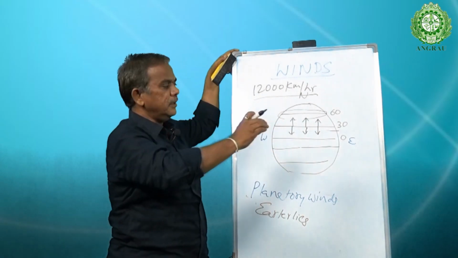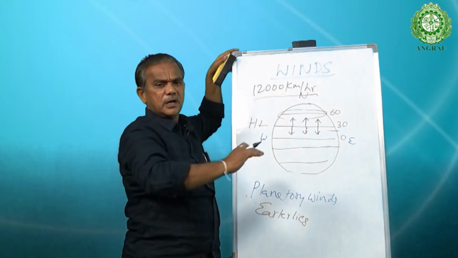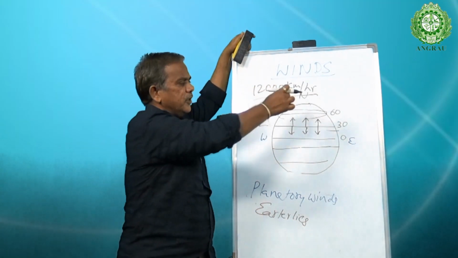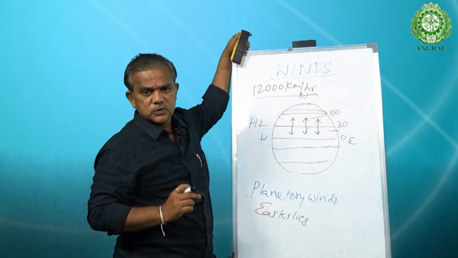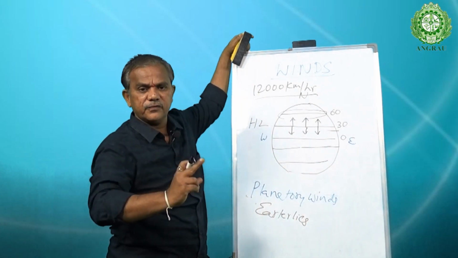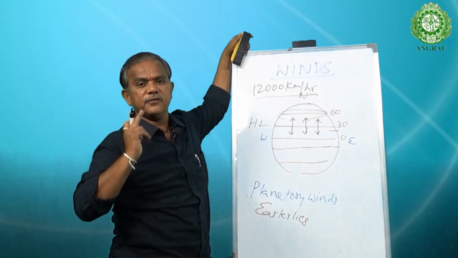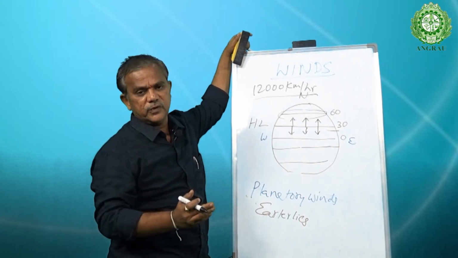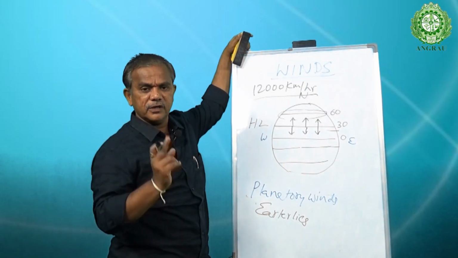When we compare with the polar regions, it is not more than 5 kilometers per hour close to the poles. So there is a great difference in the velocity of travel of the earth.